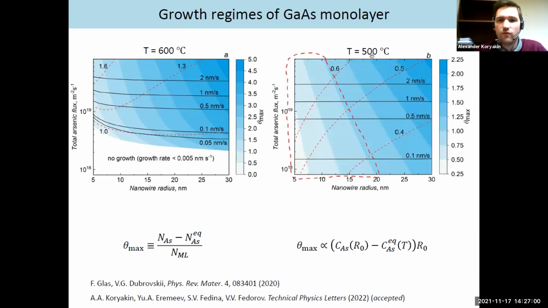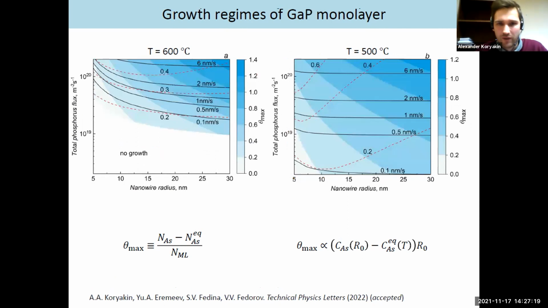If we decrease the temperature, the area where slow growth is observed increases much, and we see that already for 20 nanometer nanowires, we can observe slow growth.